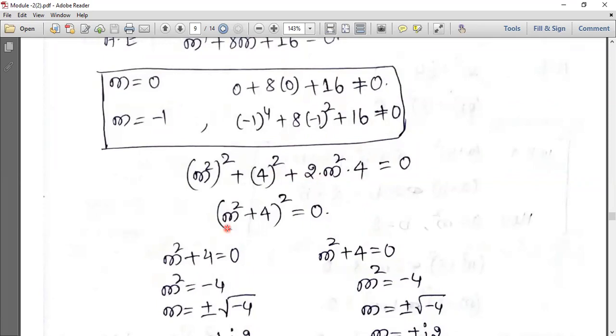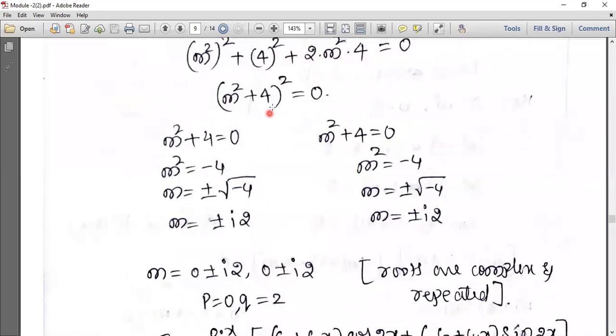So what I can write is m square plus 4 whole square, that is equal to 0. So m square plus 4 equal to 0. So m square equal to -4, m equal to plus or minus square root of -4.